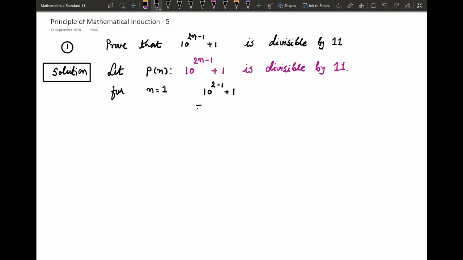So simplification is, this is 10 raised to 1 plus 1, which is 11, which is divisible by 11. 11 is divisible by 11, and therefore P of 1 is true.